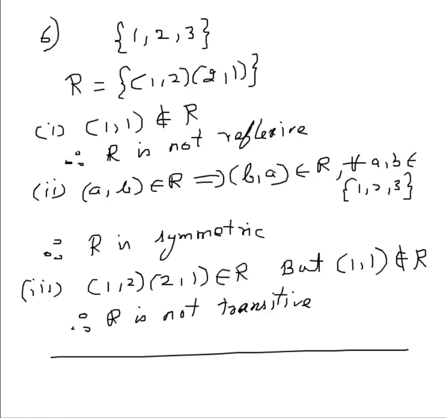Now question number 7. Show that the relation R in the set A of all the books in the library of a college. So the given set A is the set of all books in a library of a college.